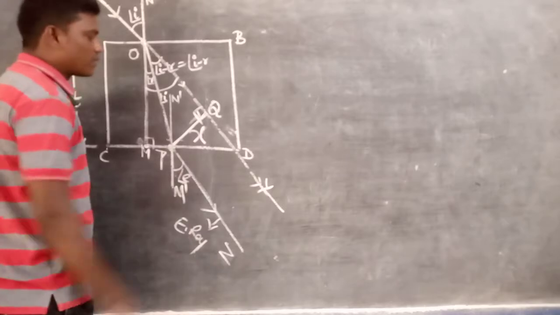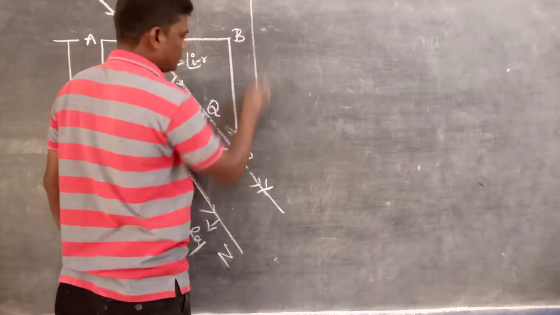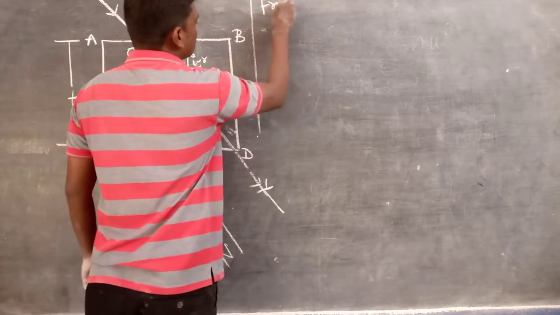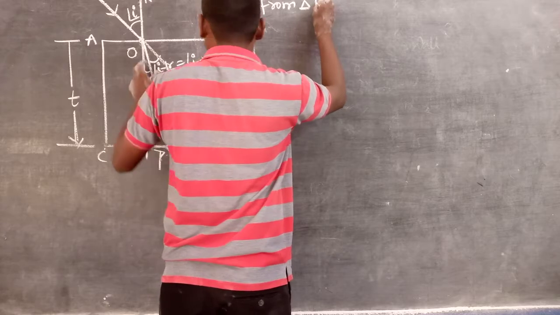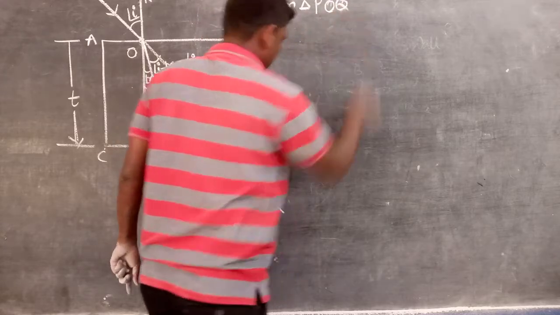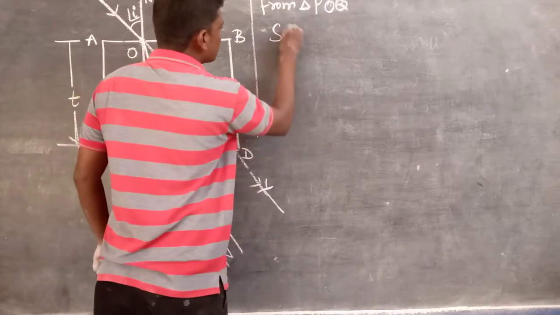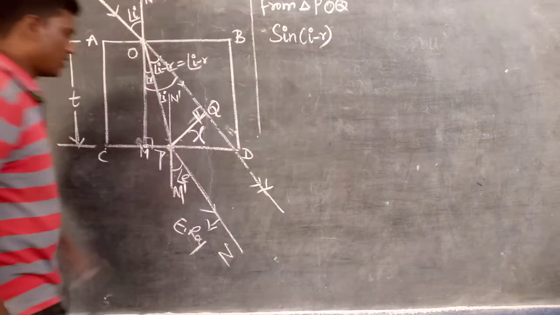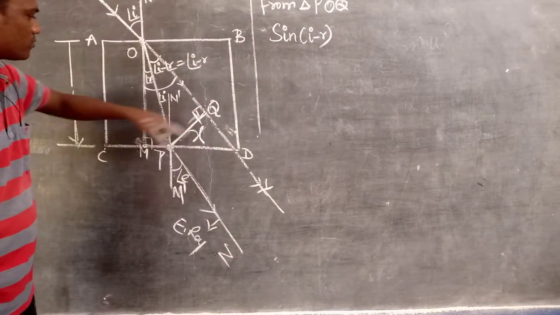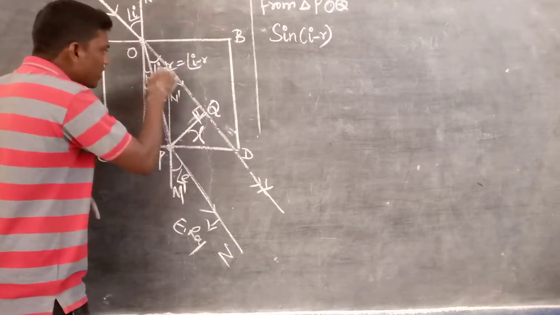So first, from triangle PQO, sine of I minus R. From PQO, this part: what is this angle?